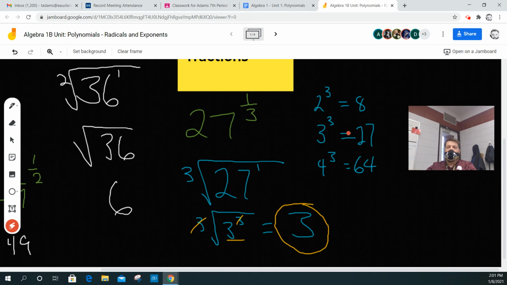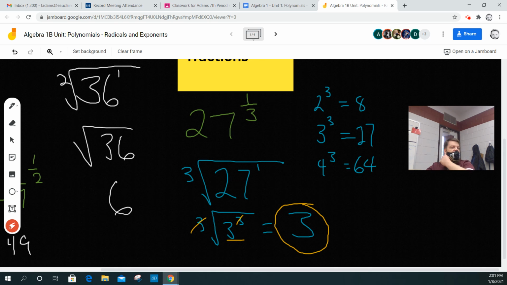Well, what you may not know off the top of your head is that 3 cubed is equal to 27. Therefore, 27 is the same as 3 cubed. And when you take the cube root of a cube, the cube and the cube root are like inverse mathematical operations. They undo each other, and you're left with 3.